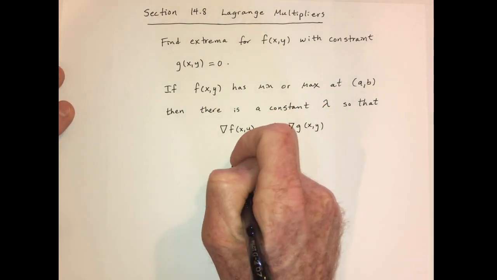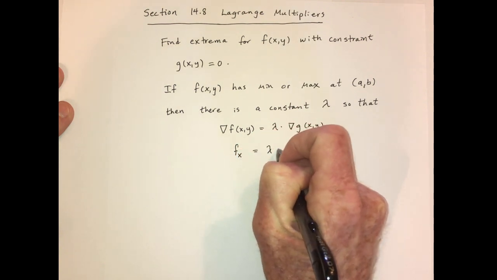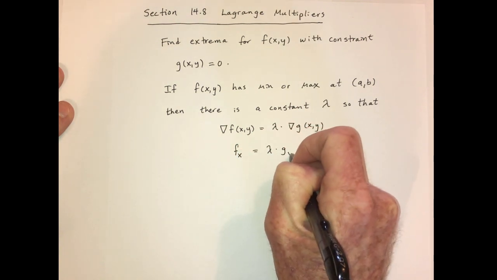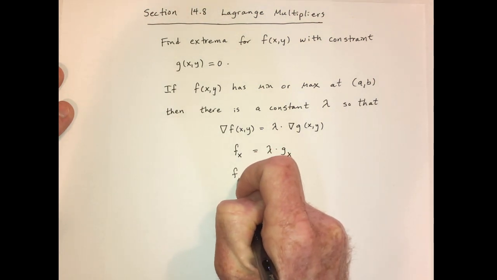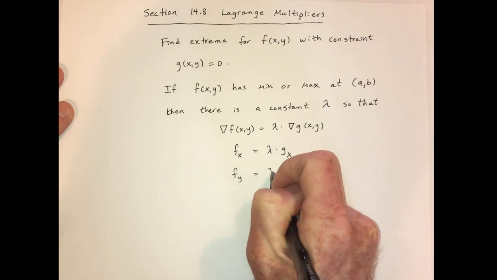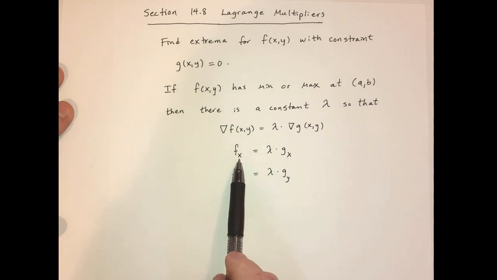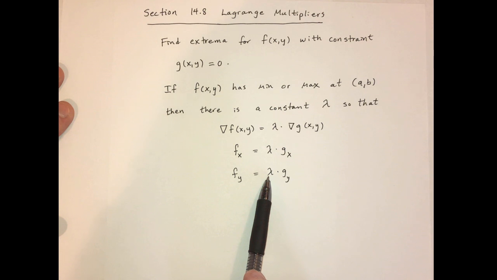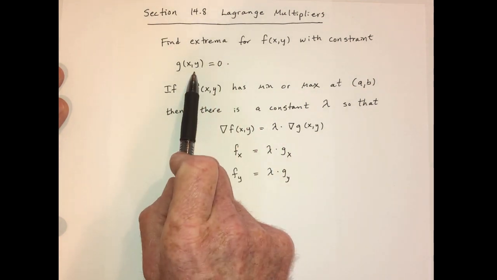Now, another way to break it down is gradient means take the derivative with respect to x, and those two have to be equal. Take the derivative with respect to y, and those two have to be equal. This can have x's and y's in it, this can have x's and y's, and there's also a lambda, which means we have 3 variables, which means we have 3 equations: 1, 2, and 3.